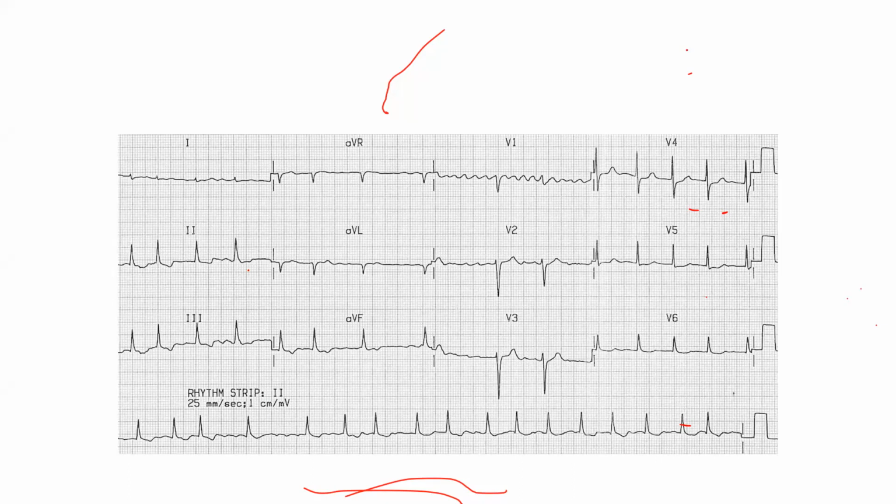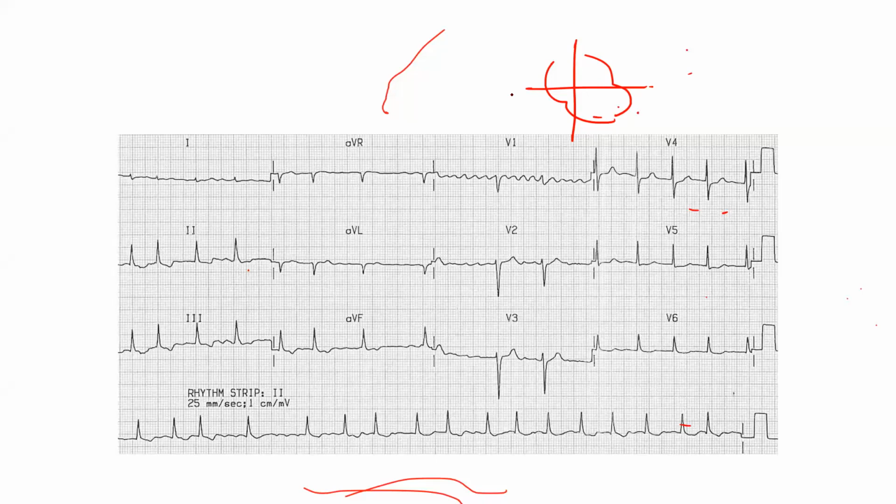Sir, what is the ECG when there is a wrong placement of leads? Wrong placement of leads. Okay, now just remember the axis which I taught you. When the lead electrode is changed, what happens? The axis is going to change.